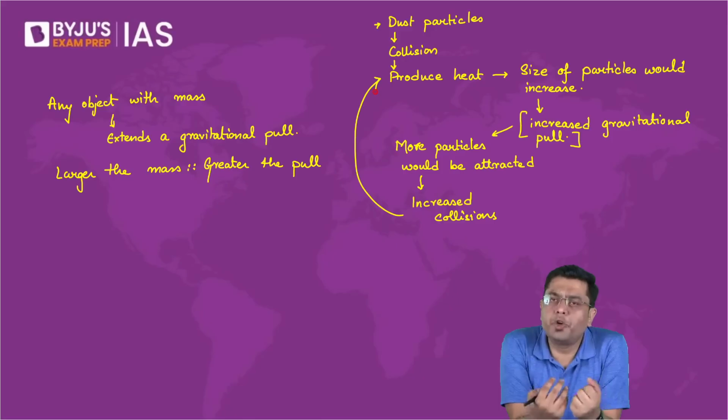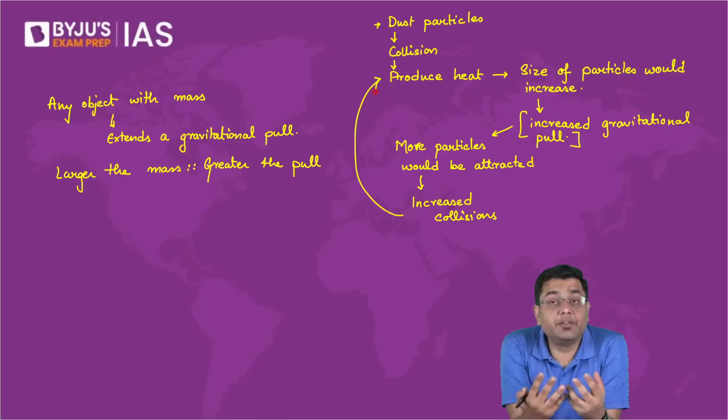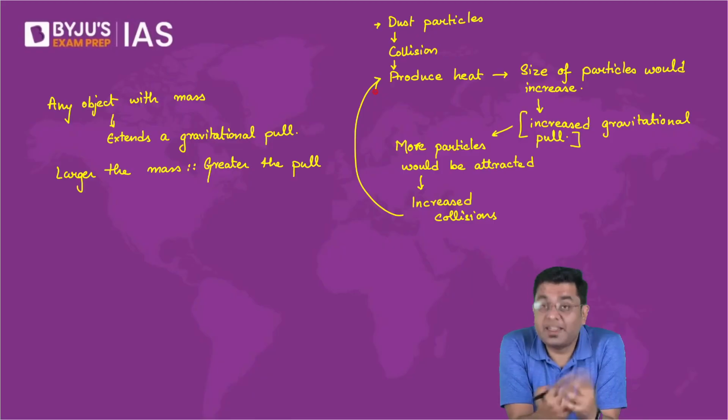Now, after this process would continue for many millions of years, what would happen was that rather than the small dust particles, you had large chunks of mass which would be created. The size that you observe in the case of very large asteroids, that size.